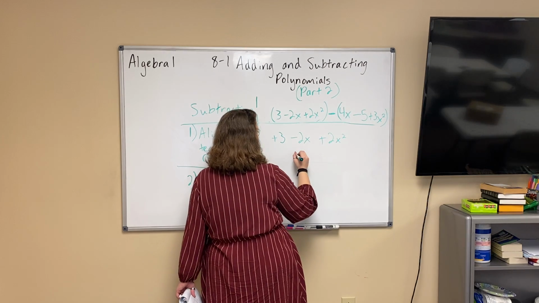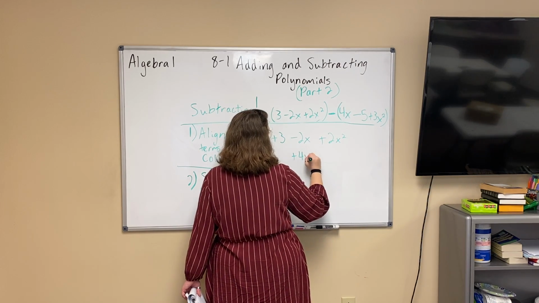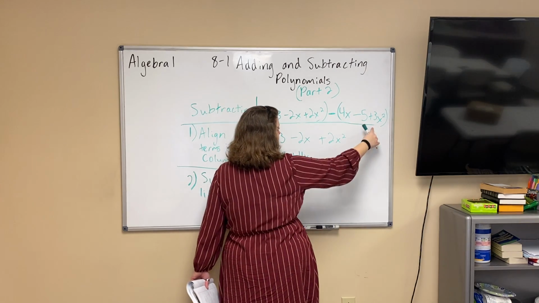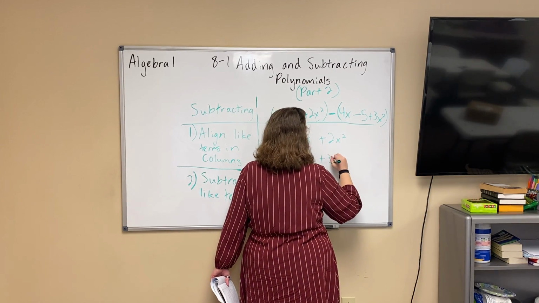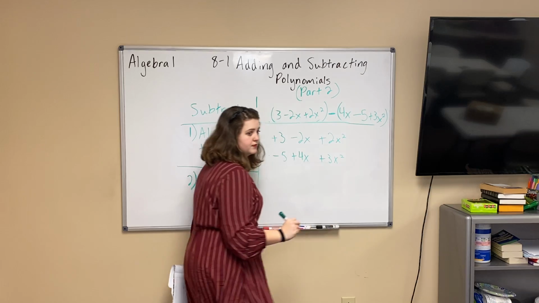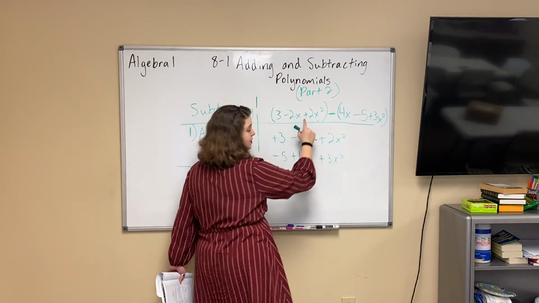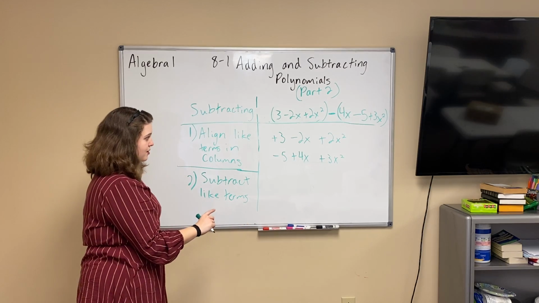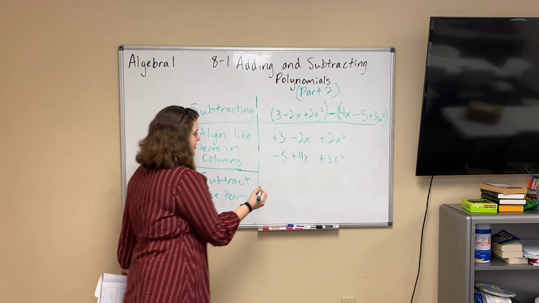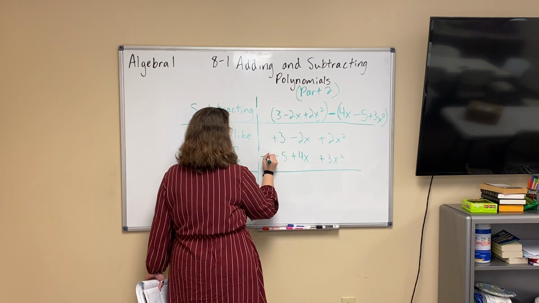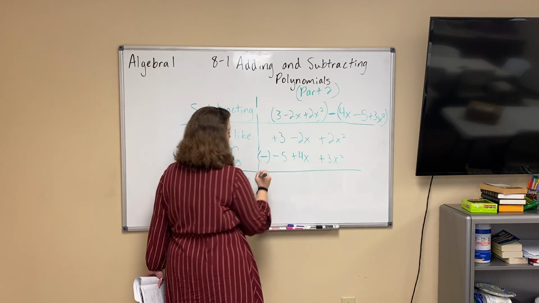So 4x is going to go with, it's a positive 4x, a minus 5, and a positive 3x^2. See, I lined it all up and I kept our signs with the correct term. But this time, instead of adding them all together, I'm subtracting.